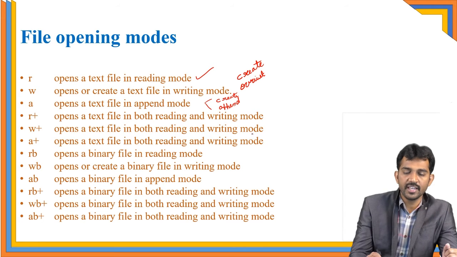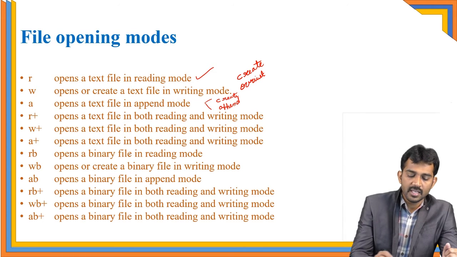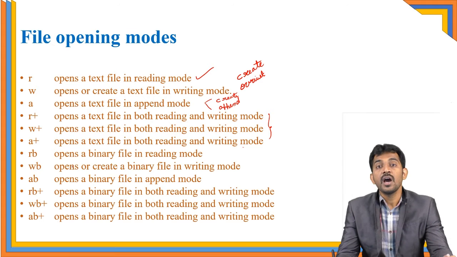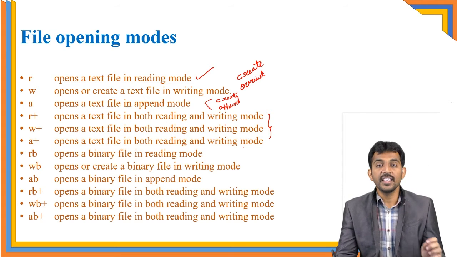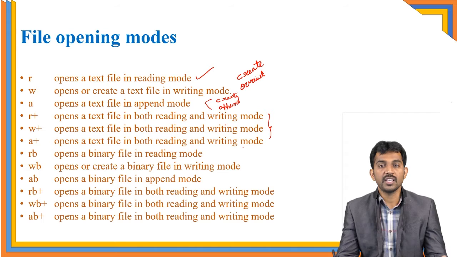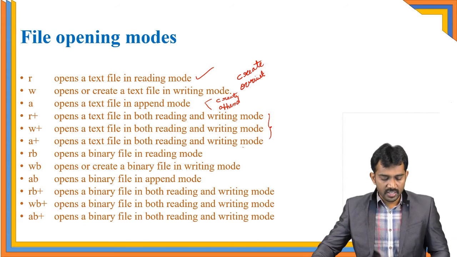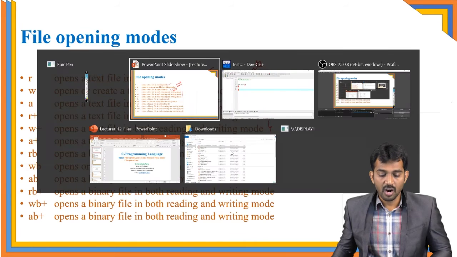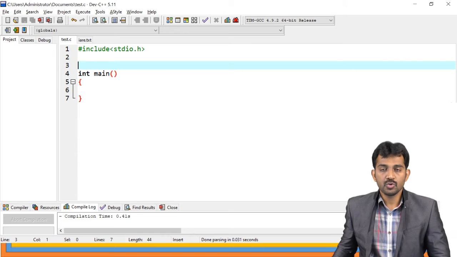So this is also a reading and writing mode. These are all the same things. And coming to RB, it means binary files: reading binary files, writing binary files, and appending binary files. We'll see with a small example. I'm going to explain how this is going to work.